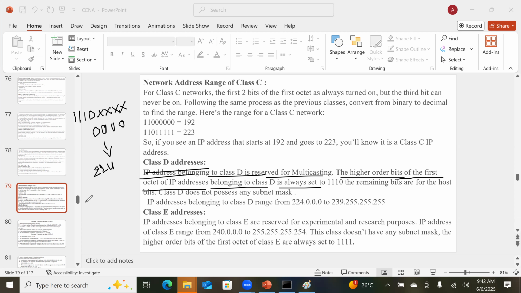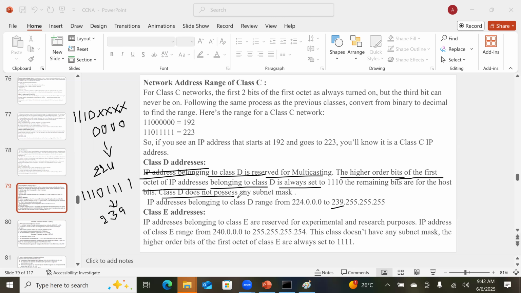If I make all of them 1, that is 1110 1111, that will be the last range: 239. The answer is here, you can see.